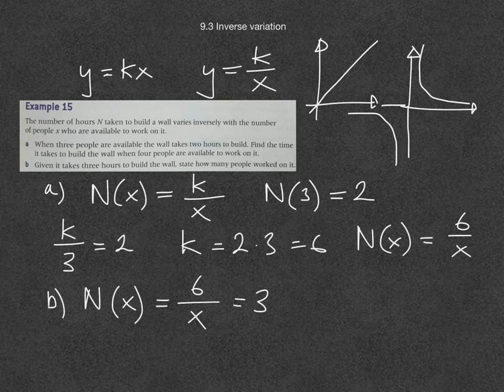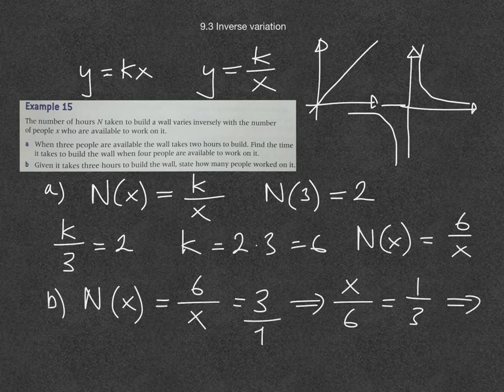And to find the x here, we can do our little trick with writing this side also as a fraction, and then we are allowed to flip them upside down. And that gives us that x equals 6 divided by 3, which is 2.